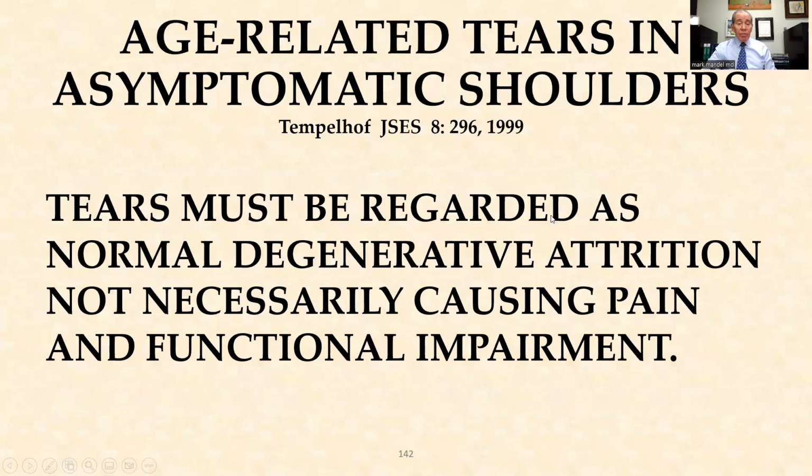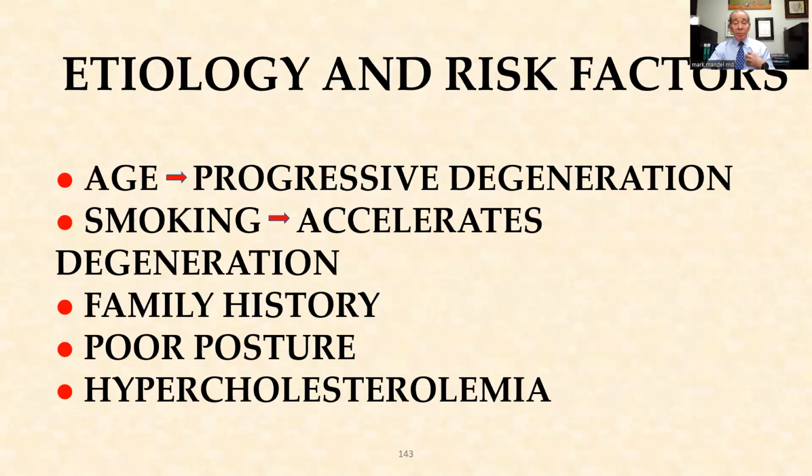So Tempelhoff concluded, in his study entitled Age-Related Tears, where we're talking about asymptomatic shoulders, that tears must be regarded as normal degenerative attrition, not necessarily causing pain and functional impairment, which means you can have a complete tear of a rotator cuff and be asymptomatic.